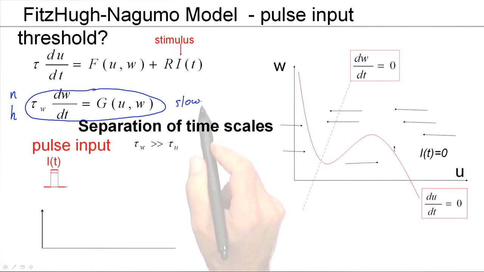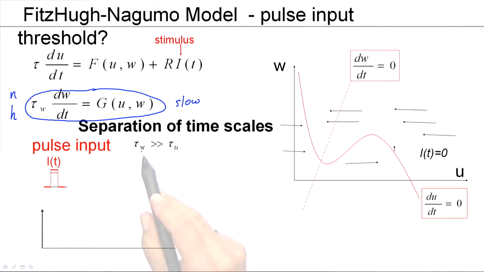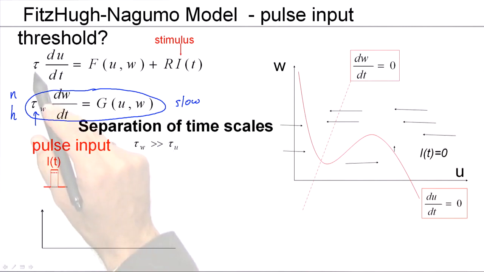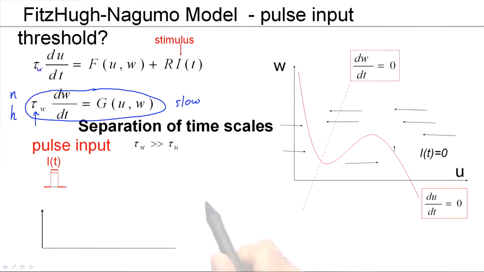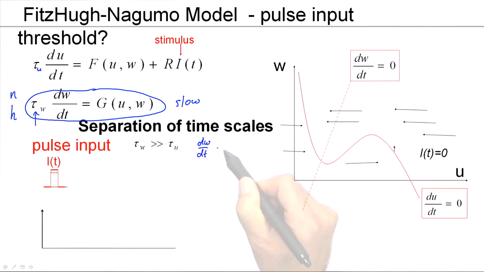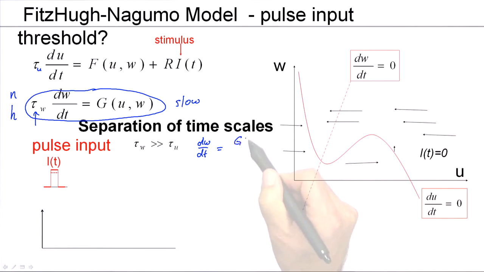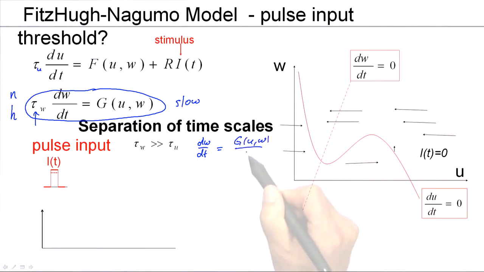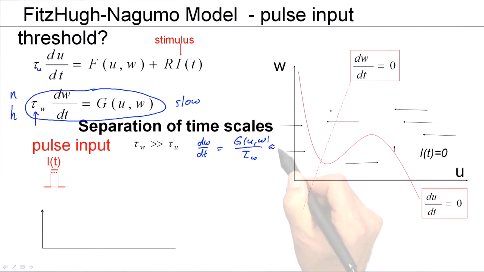Now let's take the limit where tau W, this time scale here, is much larger than the voltage time scale, tau U. Now this means that the change dW/dt, I bring the tau to the other side, is G divided by tau. But tau is very, very big. Therefore, this is nearly zero.